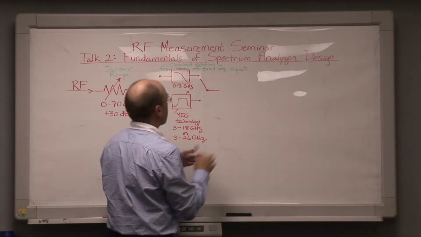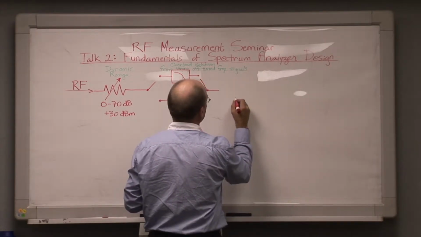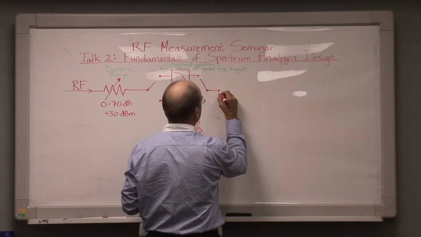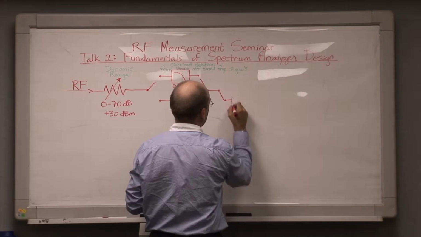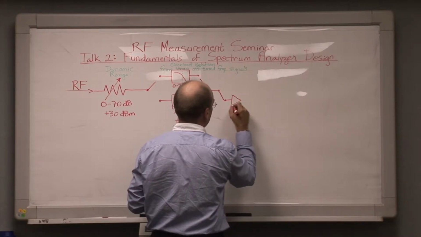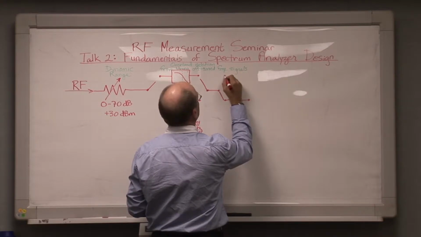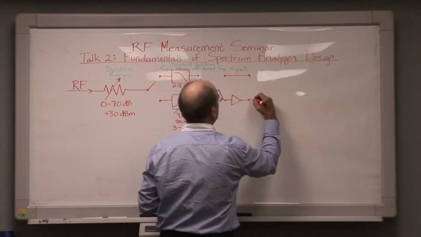Now, the next step in our system is to either pass through a low noise amplifier, which I'm going to draw like this, or not. And we'll draw the straight through path without the LNA like this.